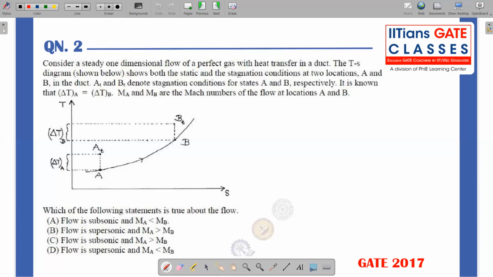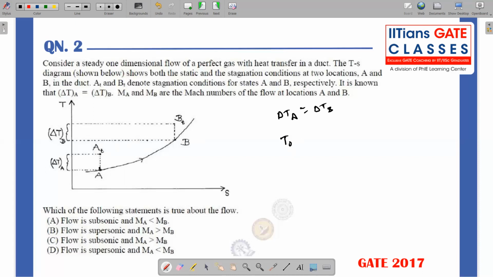So they have given the scenario and the graph is given to you. Point A and point B are two points in the constant area duct with the heat addition. So AT and BT represent a local stagnation condition for point A and point B respectively. So what they have given, the delta TA is also equal to delta TB. So what is delta TA?